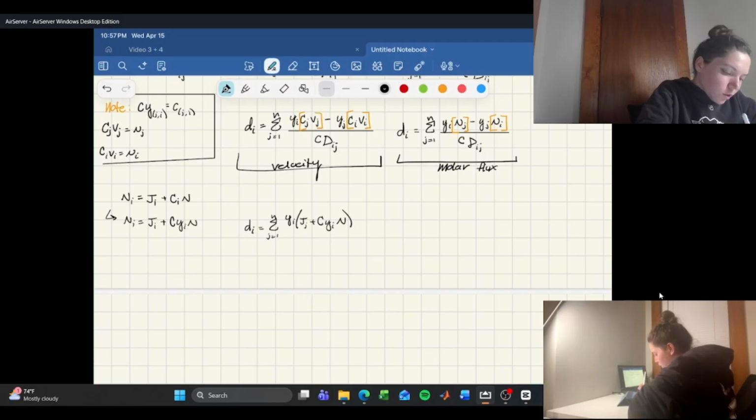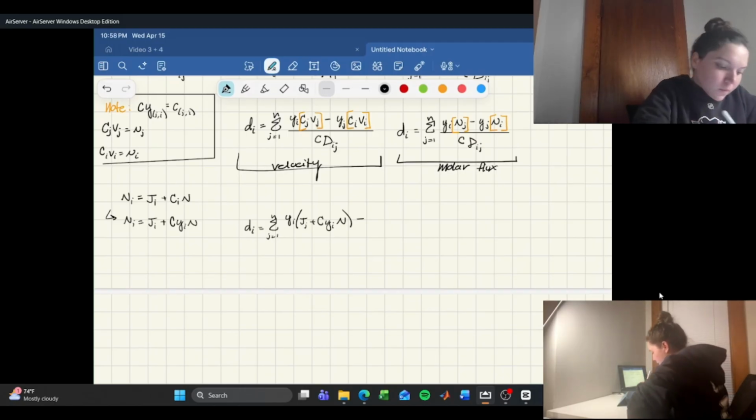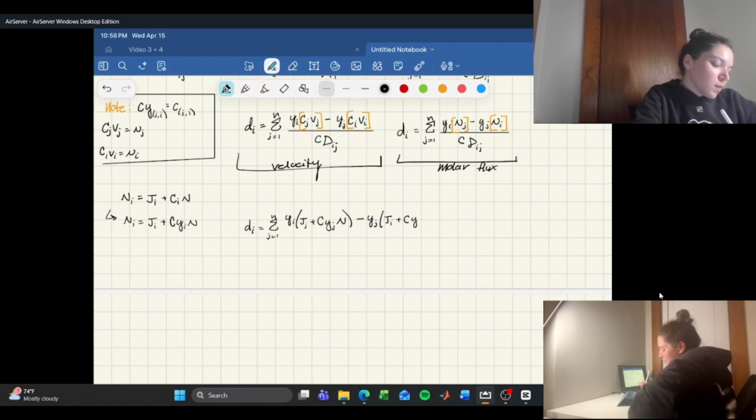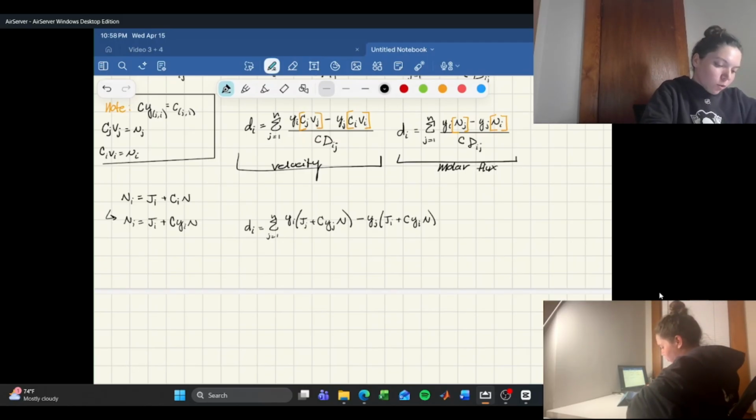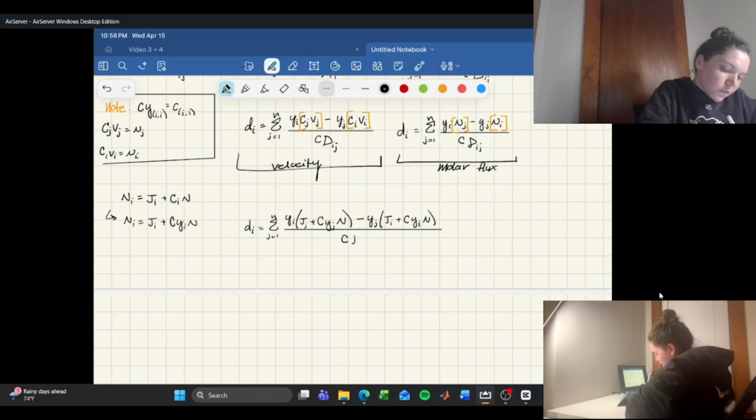And we're going to subtract the mole fraction of J times the diffusion flux of I plus overall concentration of, over here that's a J, overall concentration times the mole fraction of I times the overall molar flux, divided by overall concentration times diffusion coefficient of Ij.